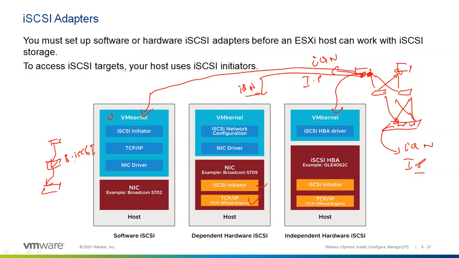So this adapter will have an IQN number, and my VMkernel port will have an IP address. These things I am doing on the hypervisor layer. This blue is the hypervisor, and I'm only passing traffic through the physical NIC so that I can reach the storage switch and all.